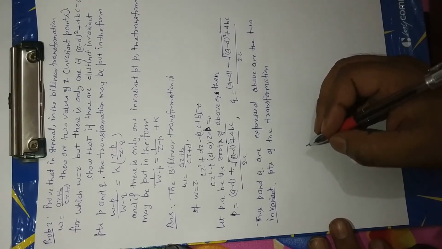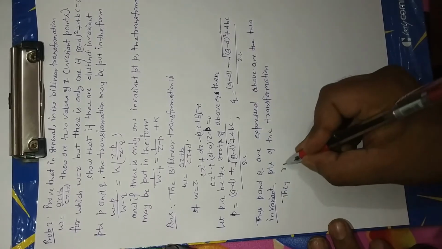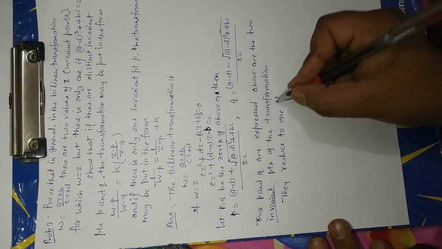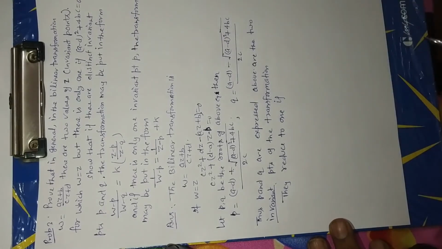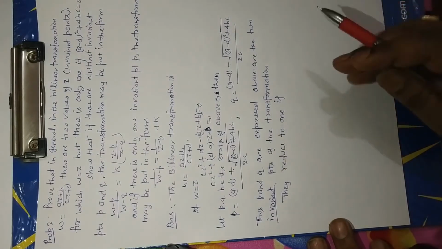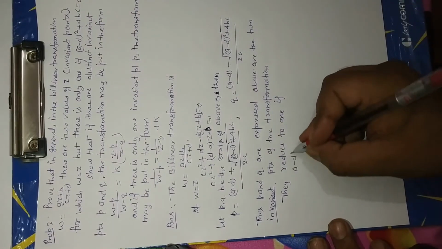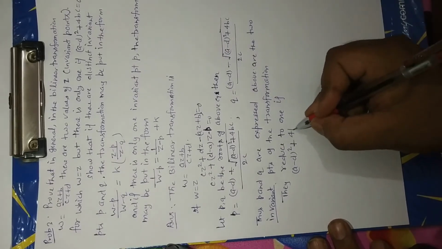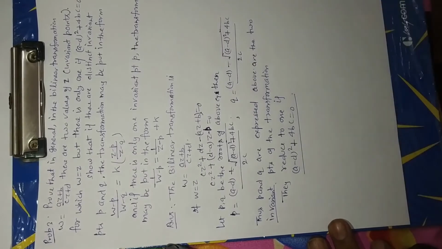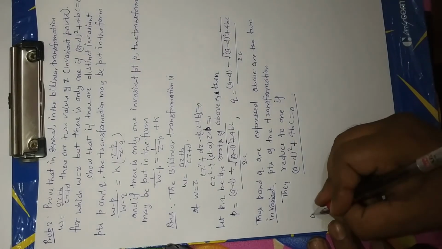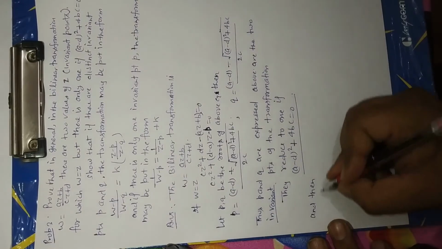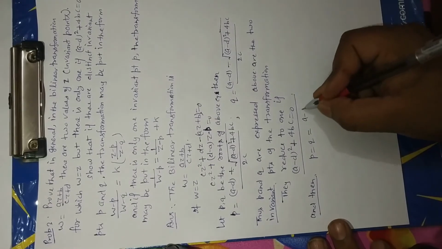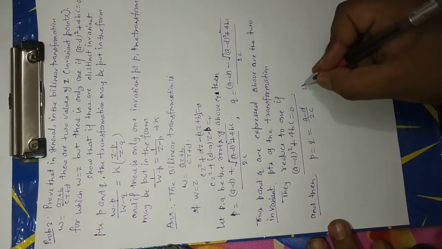They reduce to one if, according to the question, (A minus D) whole square plus 4BC is equal to 0, and then P is equal to Q is equal to A minus D upon 2C.